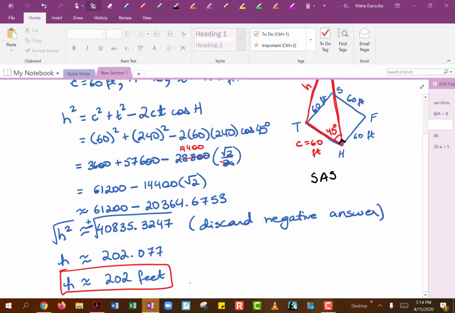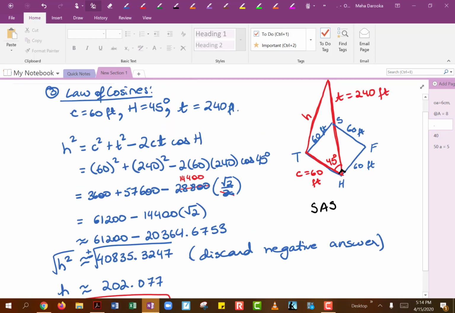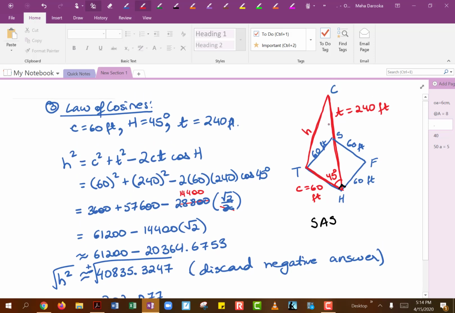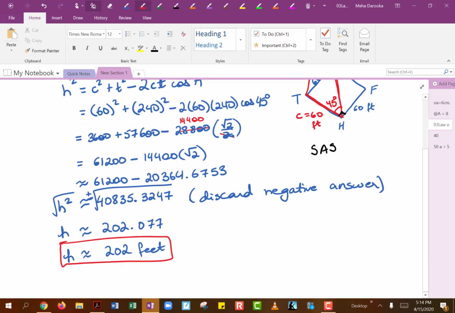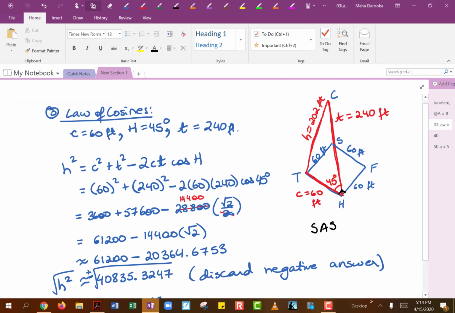So that's how far the center fielder is from third base. So that's approximately 202 feet. Okay, so you can see how we can use this law of cosines to help us come up with this answer.